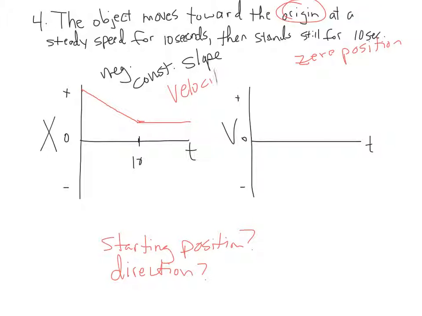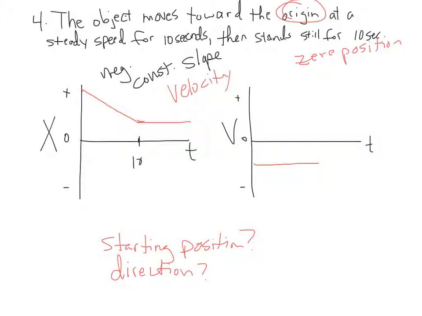Remember, the same words we're using to describe slope, those same words are describing velocity on the xt graph. So it starts with a negative constant velocity. Where is negative constant velocity over here? Well, negative velocity is down on this side. Constant means it's not getting bigger or smaller. It's staying the same. So that's what our graph looks like for the first 10 seconds. Negative velocity staying the same for 10 seconds.